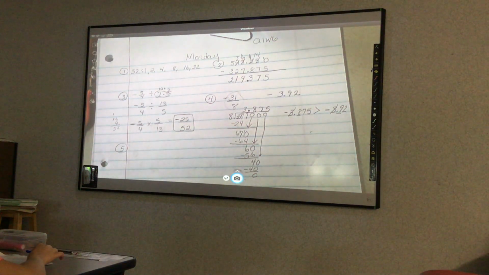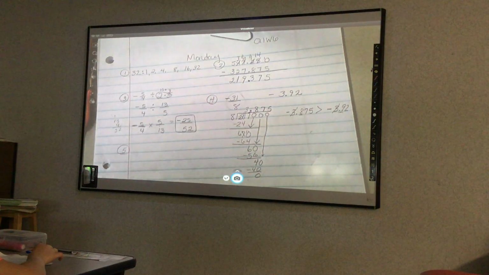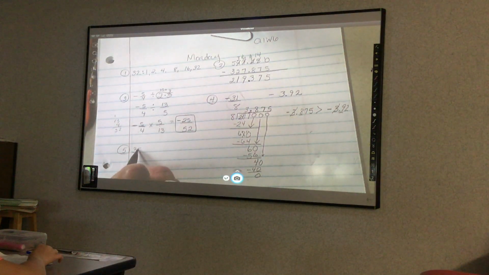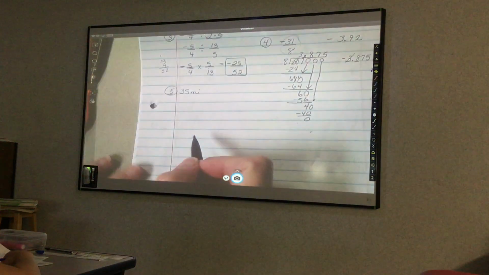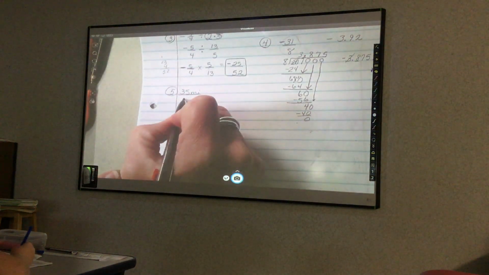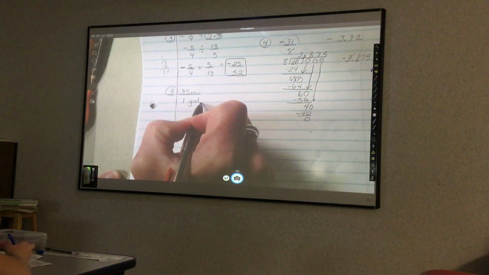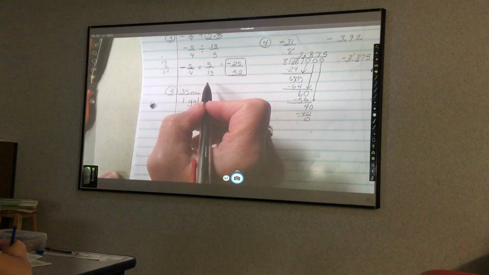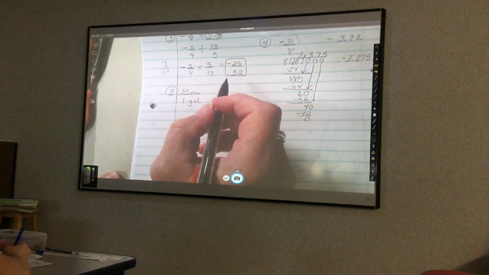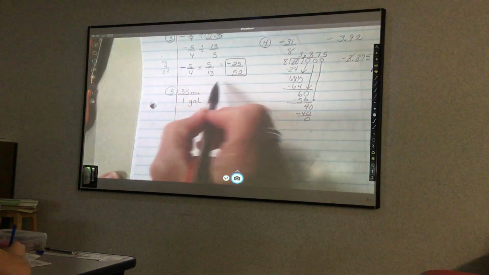John's car can travel at an average of 35 miles per gallon. So you'd write 35 miles is 1 gallon. And it says, write an equation to represent how many gallons it would need for a trip of 656 miles.